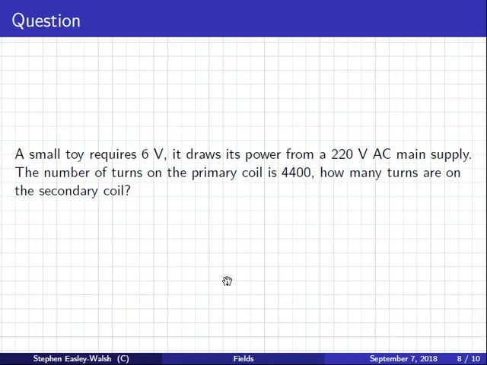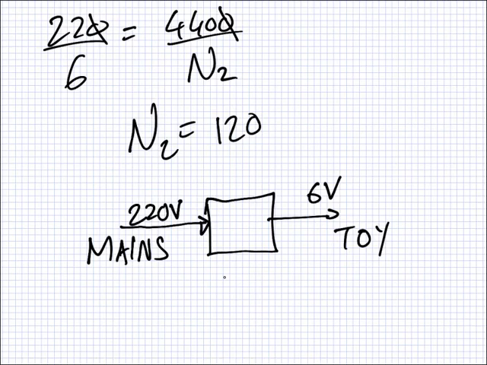Ben, what is primary from secondary? Primary is this side, secondary is this side. So it's N1.